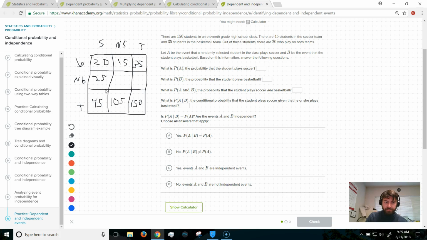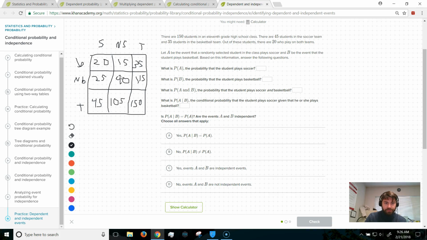And this has to be a pretty big number too, 115 that do not play basketball. And then to play neither, to add up to 115, has to be 90. So there's 90 that play neither out of 150.